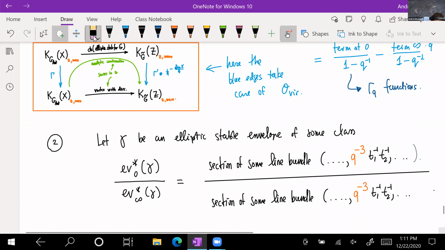But now there is no q to the cube, right? And so there's some reason. What does it mean? Have some line bundle?